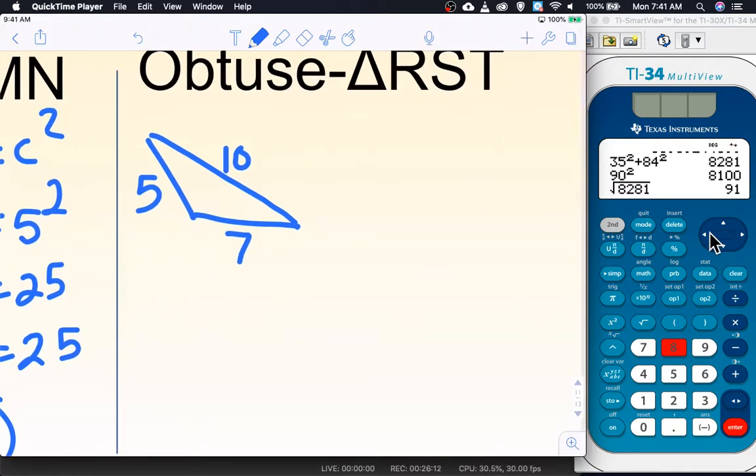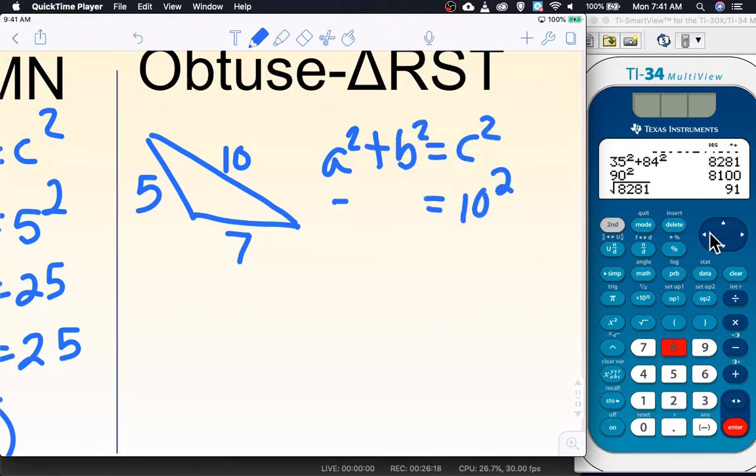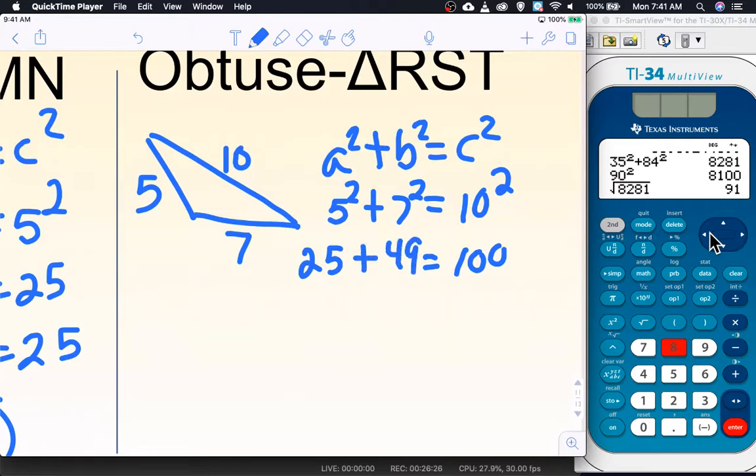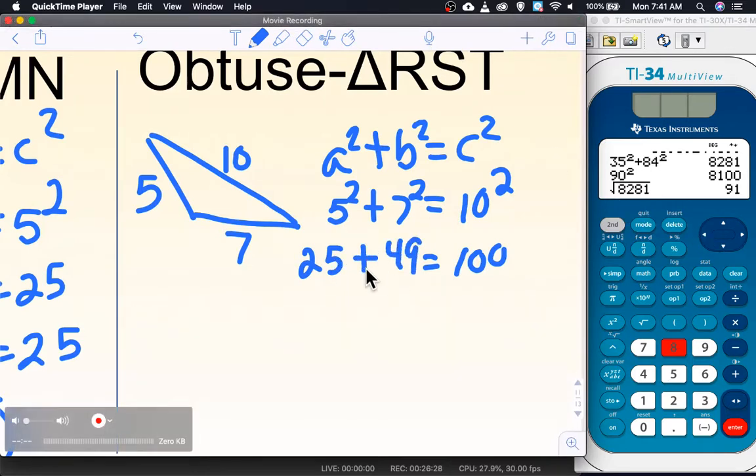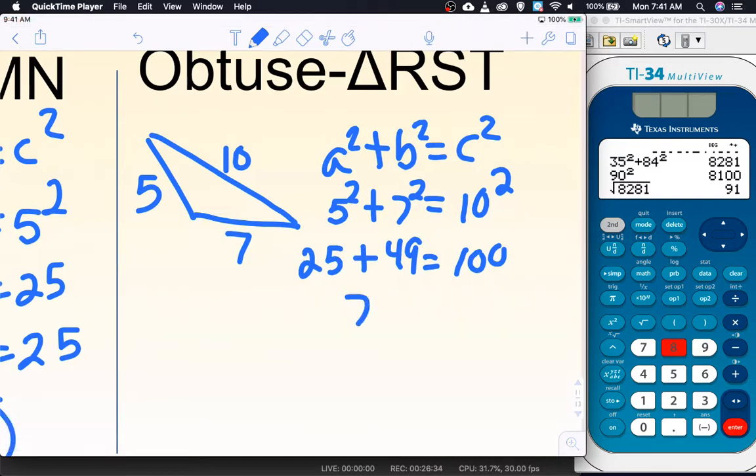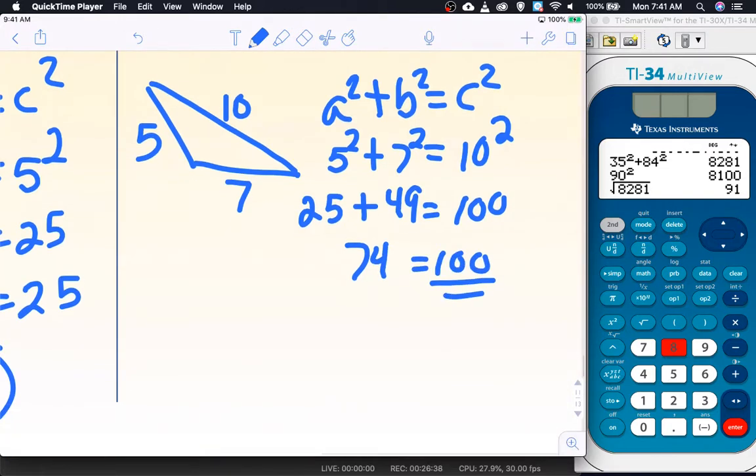So when I do my Pythagorean theorem, a squared plus b squared equals c squared. And this is like the whole point, sometimes you might have picked side lengths that didn't work and you just have to fix it. Okay, now I can see that this will work because these will not add up to 100. That's 74. This side is too big.